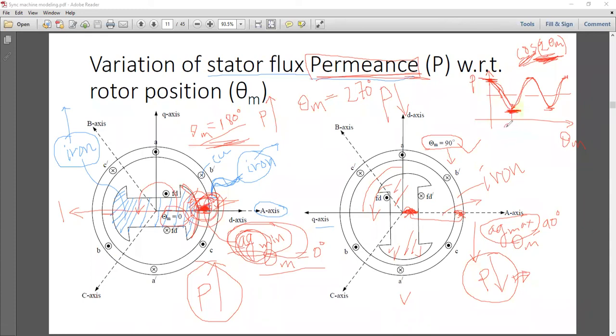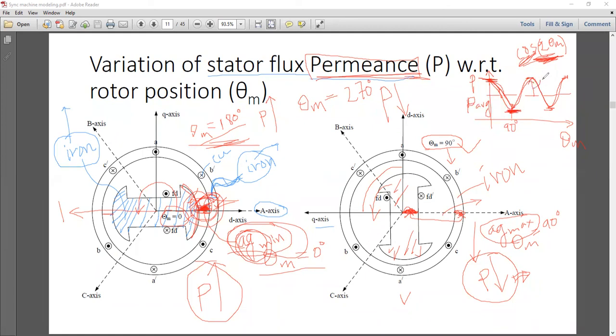At 90 degrees it will reach a minimum, but that is neither negative nor 0. That is still some positive value. This is its peak, and it will have some average value. This dotted line gives you some positive average value of permeance, because the minimum never reaches 0.